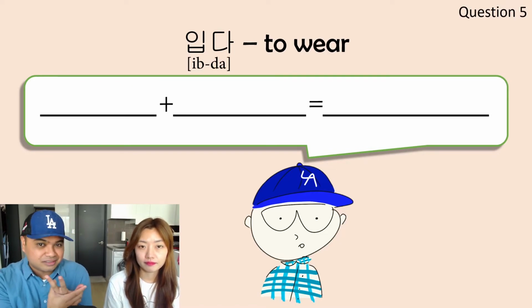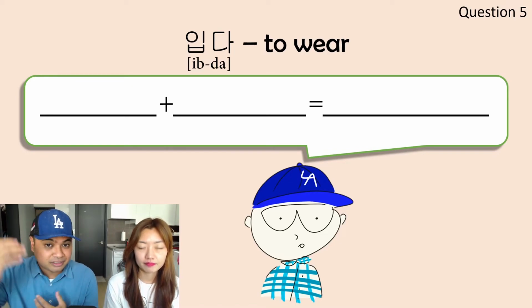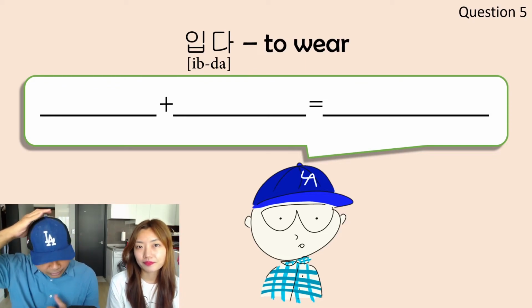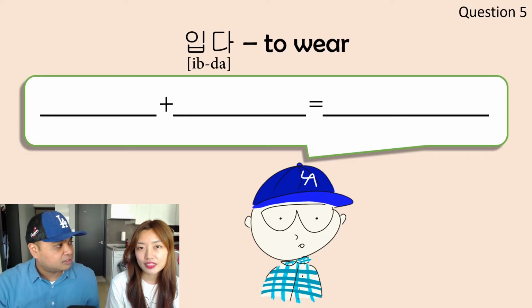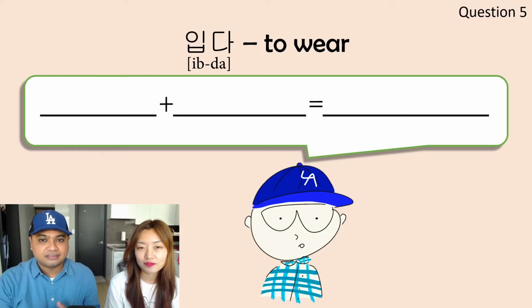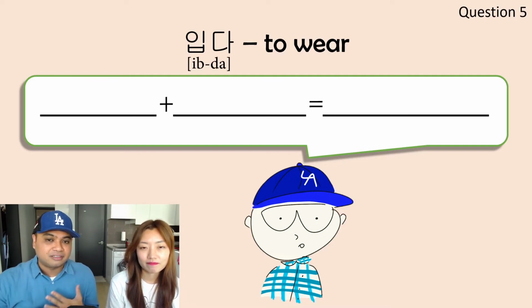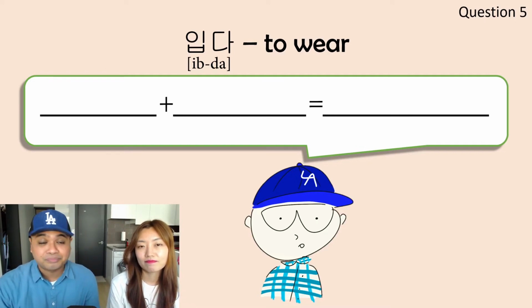There are actually 3 ways to say to wear something. To wear something on your head is 쓰다. To wear something on your feet is 신다. And everything else is 입다.